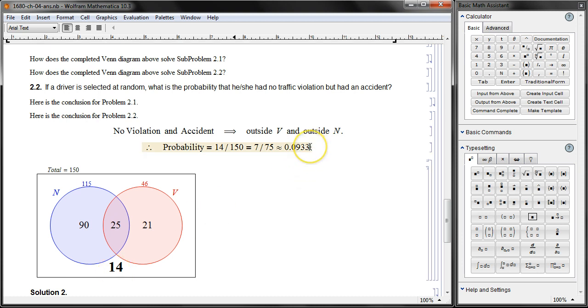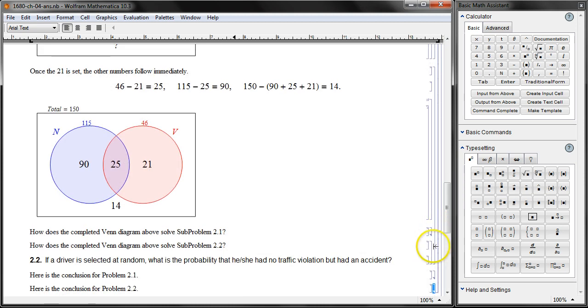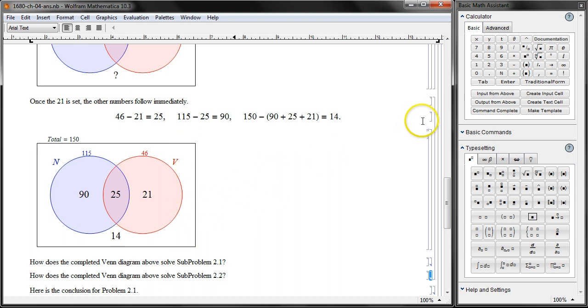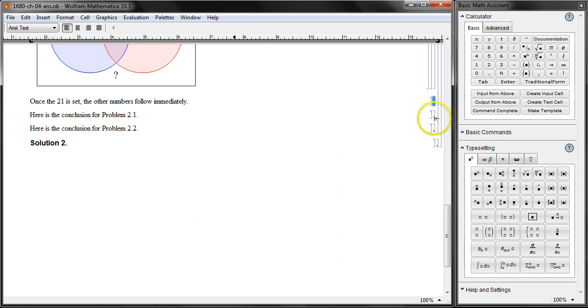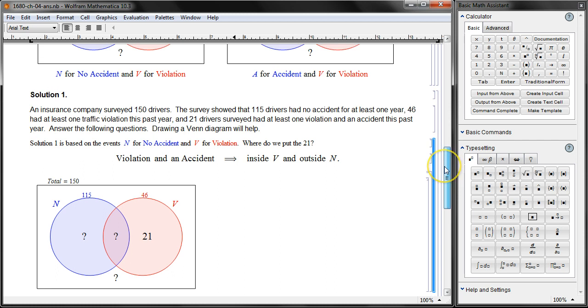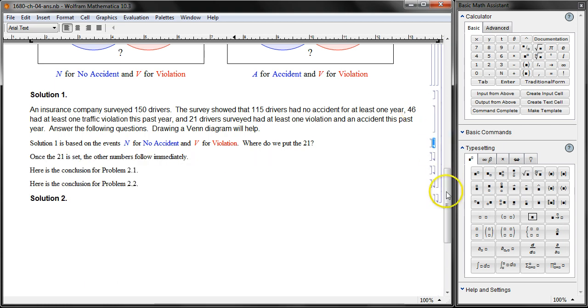And that's how you calculate the probability. So getting this completed Venn diagram is the key. And getting the outline was actually the hardest part. I gave it as a hint, but that was actually the hard part. And then using the inside-outside argument to determine 21. Once this 21 is determined, it's an easy subtraction from that point on.